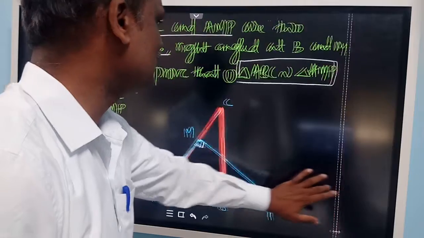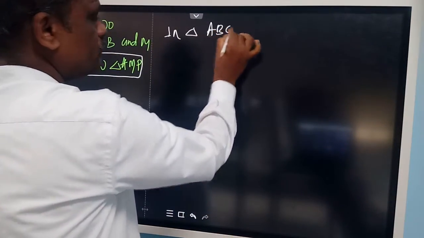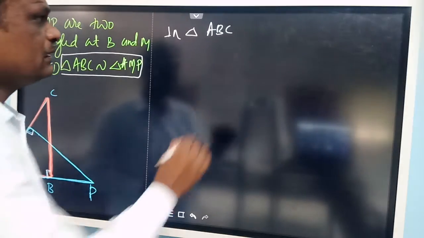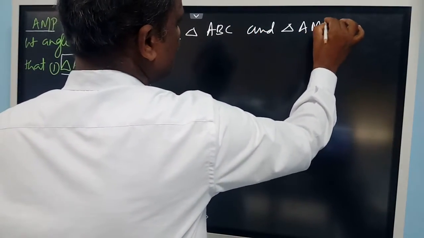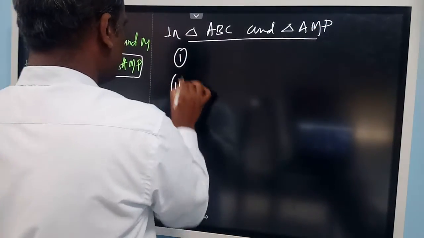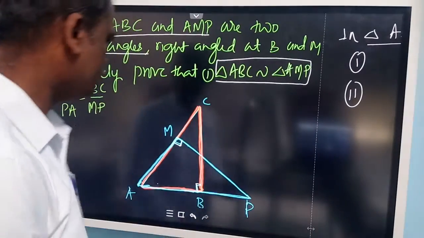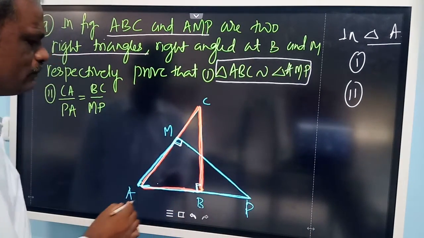So for that, let us consider these two triangles. In triangle ABC and in triangle AMP, let us show at least two pairs of angles are equal. Very simple.